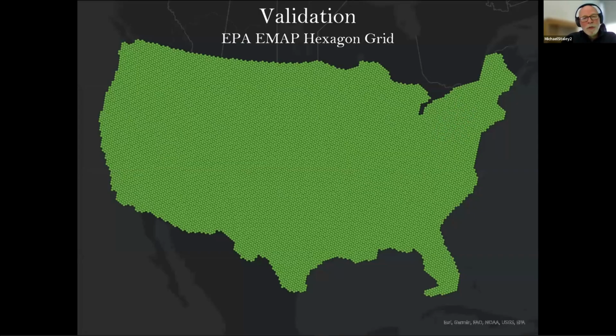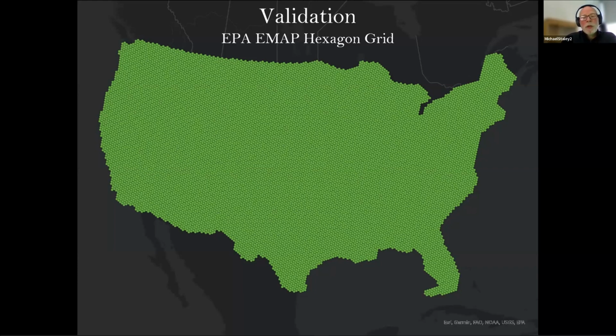So we're going to talk about validation. How do we know how good the FIA Big Map layers are? We really want these things to be used for analysis and decision making. So to validate the model estimates, we used the EPA EMAP hexagon grid, almost 13,000 nearly identical hexagons that span the whole country.